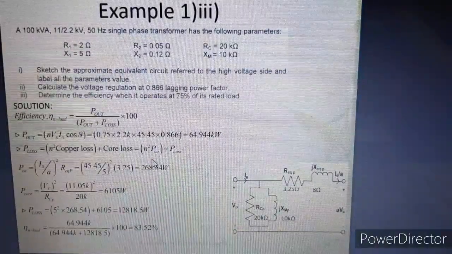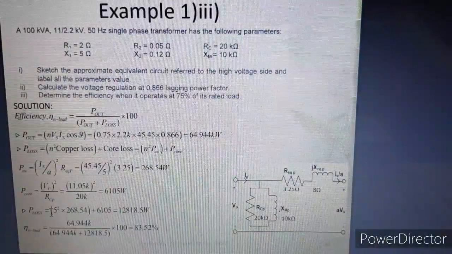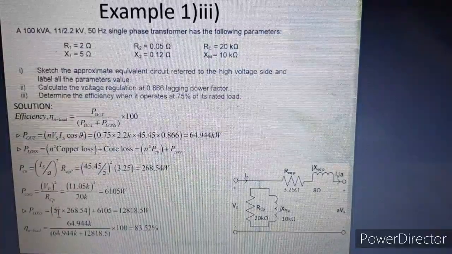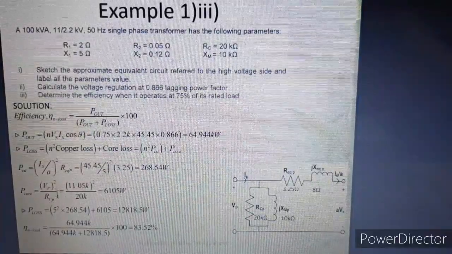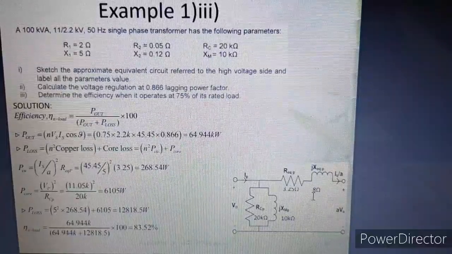Okay, that's all. So make a correction, this is N, that is 0.75, not 5.